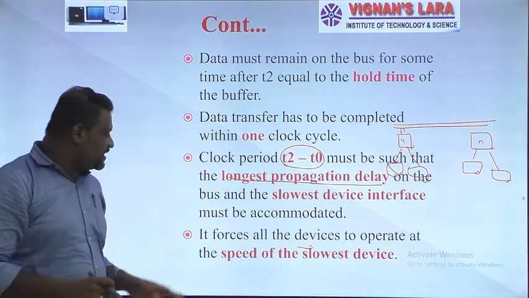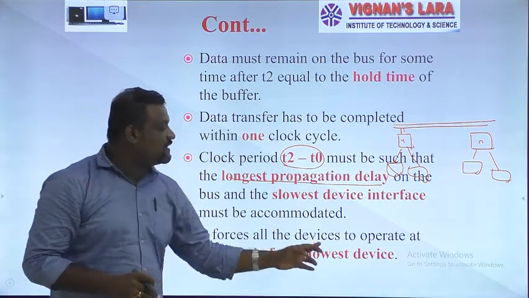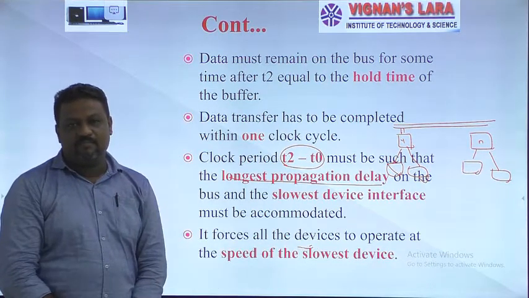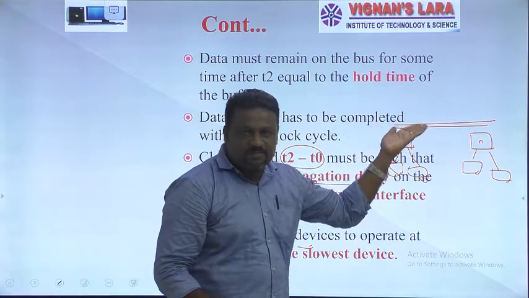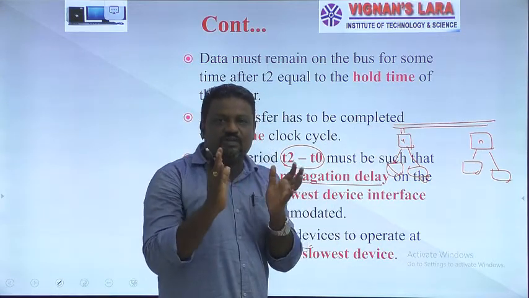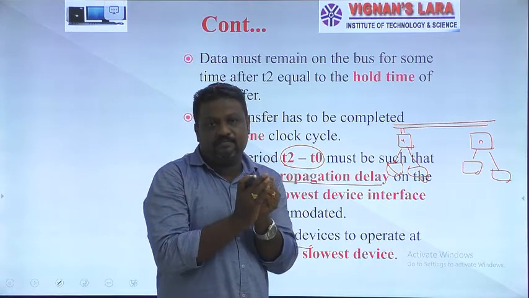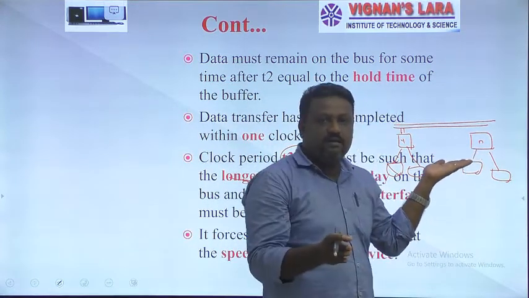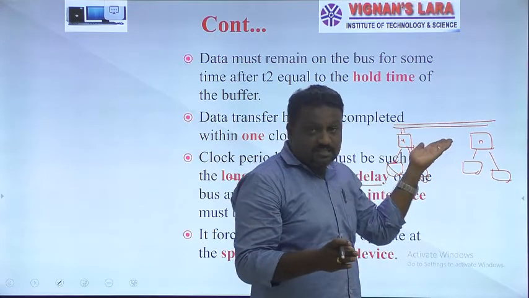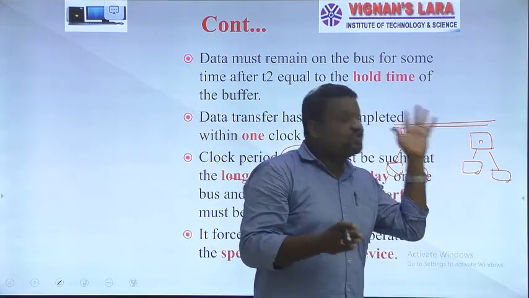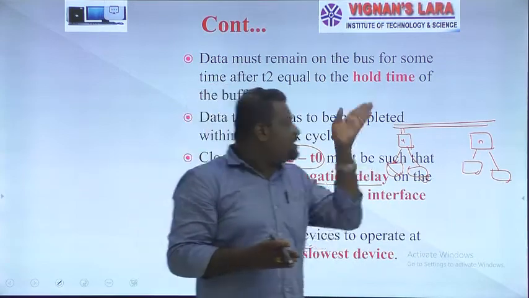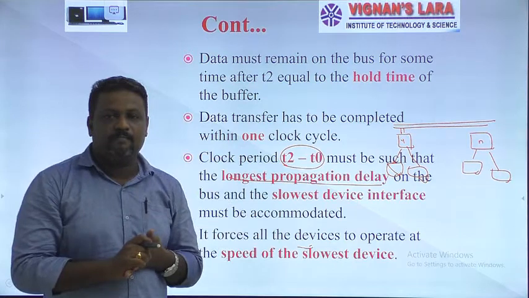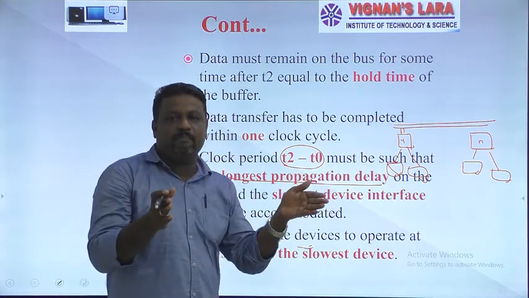And the important thing here is, it forces all the devices to operate at the speed of the slowest device. While doing a data transfer over this bus, I have to focus on the slowest device. For example, this device can be operated at a very low speed, and all these devices must also operate at the same speed. Why? Because whenever a device wants to communicate with that slowly operated device, it takes much more time.